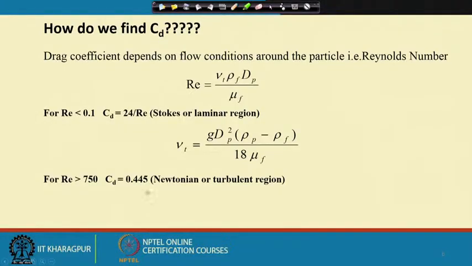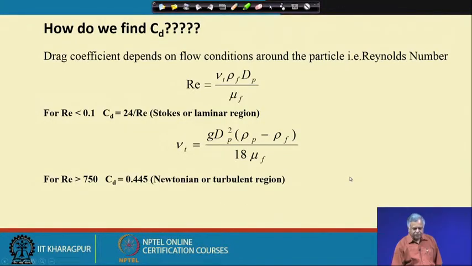So, beyond a certain particle size, it does not matter how much disturbance it has created, the CD, the drag coefficient, remains constant, it has got a value of 0.445. Although many in the literature debate on this third decimal point value, and that difference makes a lot of difference in your calculations, let us stick to this, that is CD is equal to 0.445, or we can assume that CD is equal to 0.5, approximately.